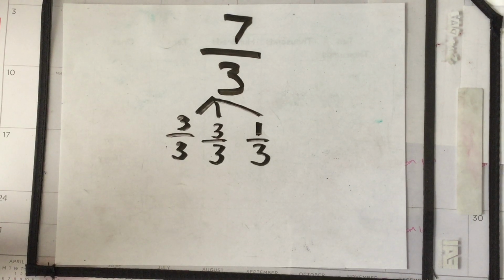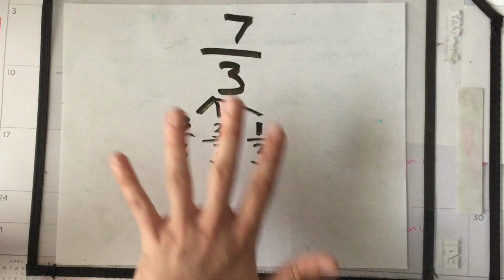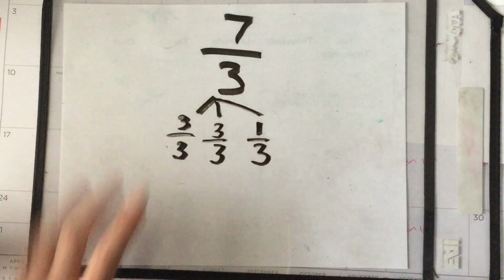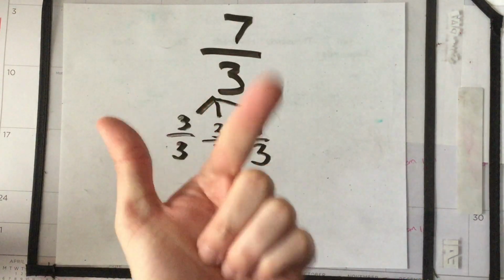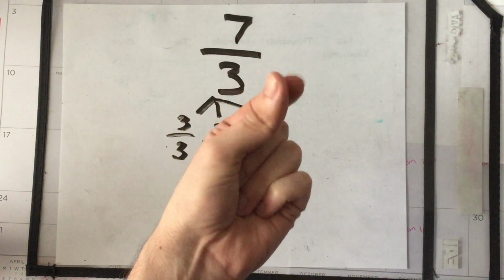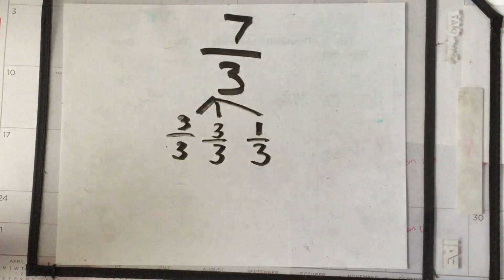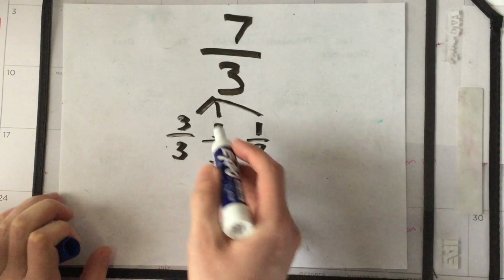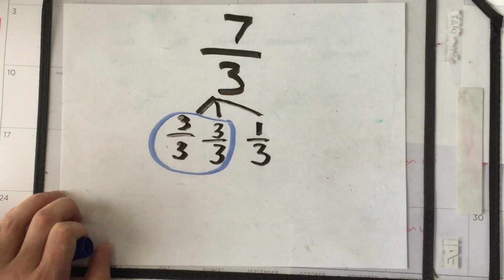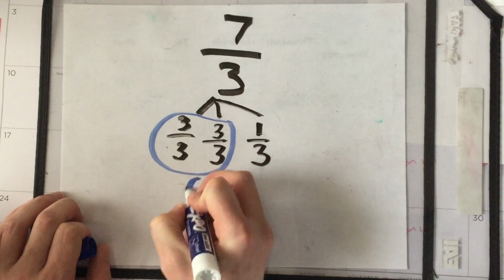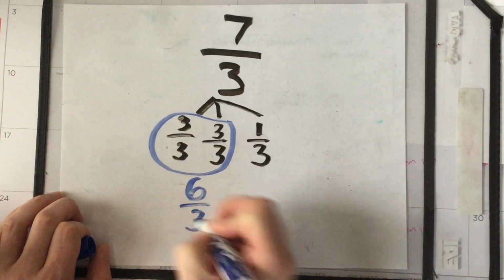Now, I have this crazy looking number bond here with three legs on it. I'm going to actually combine this and make it a little smaller, because when we were doing our skip counting by thirds, 3/3, 6/3, we saw we could take 2 whole things away. So I'm actually going to combine my 3/3 here and 3/3, and I'm going to make this into 6/3.